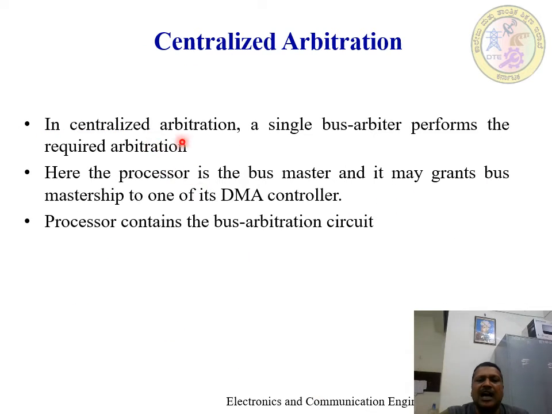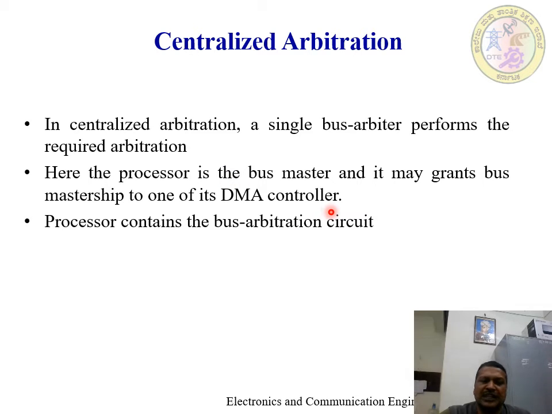Now, in centralized arbitration, a single bus arbiter performs the required arbitration. Here the processor is the bus master and it may grant bus mastership to one of its DMA controllers. The conflict may be between two devices or between devices and the processor.